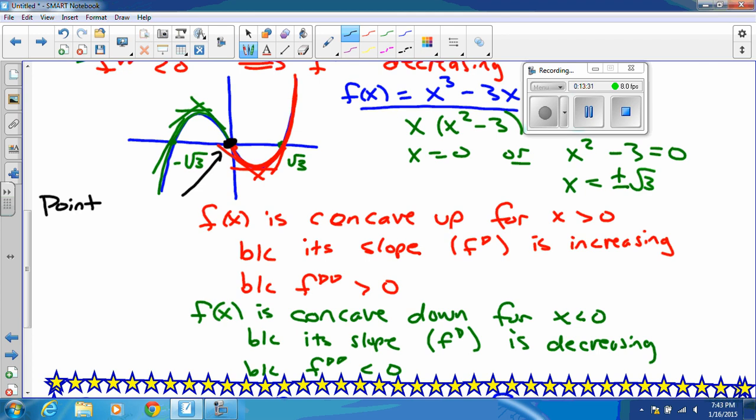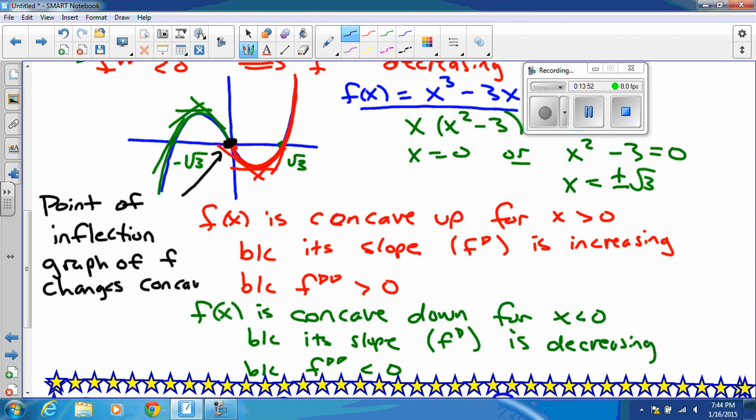Our curve goes from concave down to concave up. We're going to call any change in concavity a point of inflection on the graph of f.